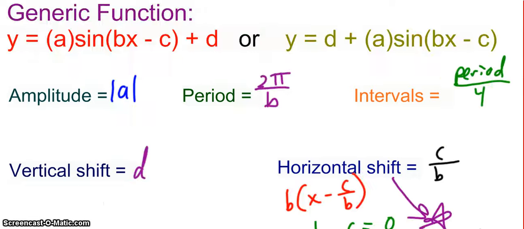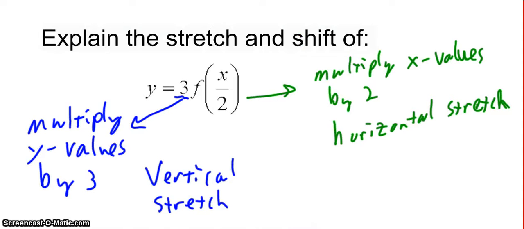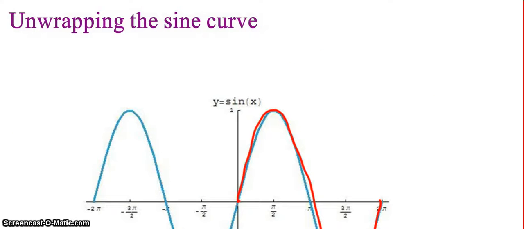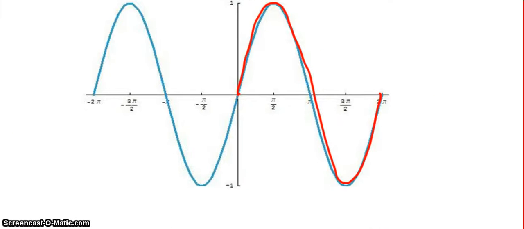Now I want to go back to, I know this was from the previous video, but this picture here. When we plot our trig function, or specifically in this case sine, we're going to graph 5 points for 1 period. Each one of these distances is an interval, and so that's why the intervals are so important.